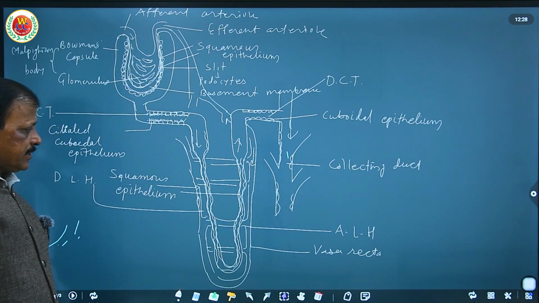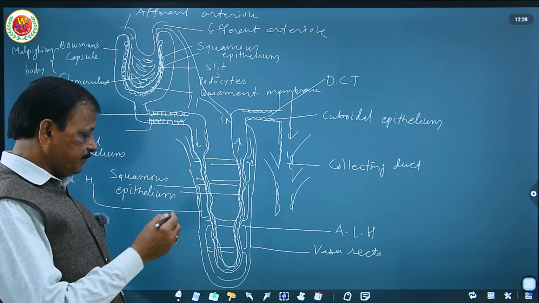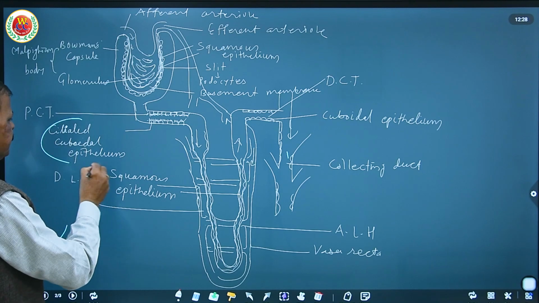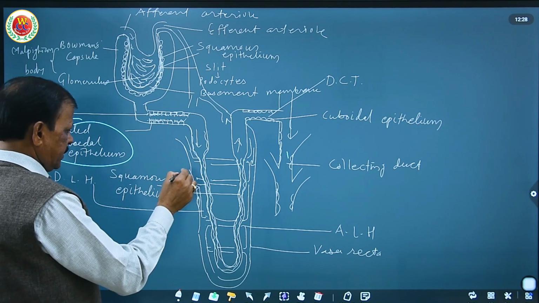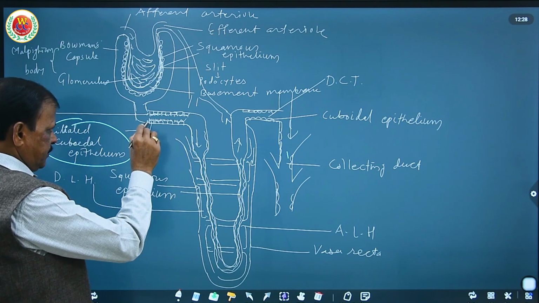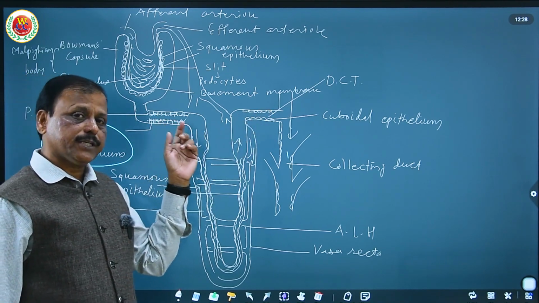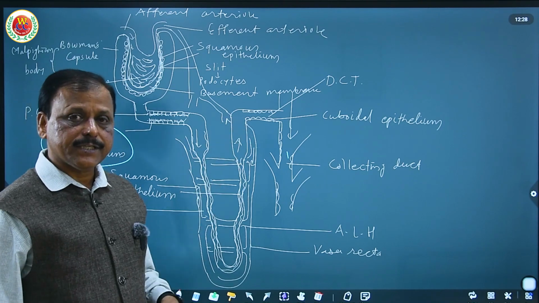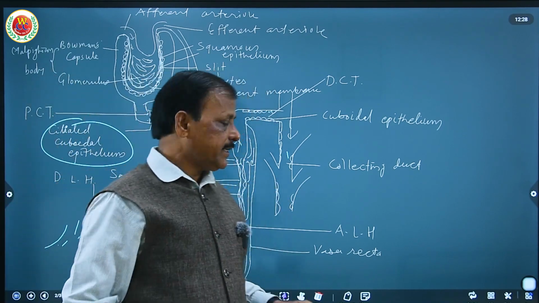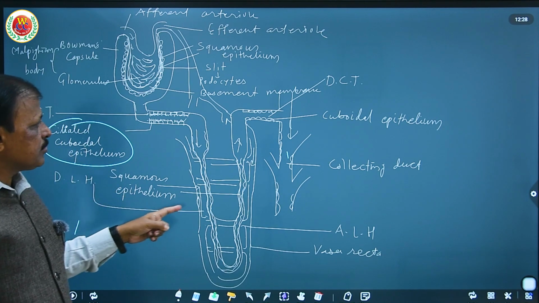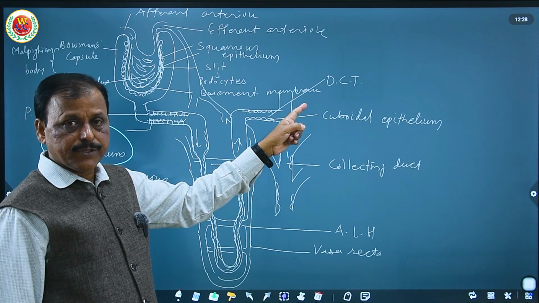Now, very important, a question can be asked: what kind of epithelium is present in the PCT, loop of Henle and DCT? So the question can be, PCT, loop of Henle and DCT are internally lined by A, B, C, with choices such as ciliated cuboidal epithelium, squamous epithelium and cuboidal epithelium.